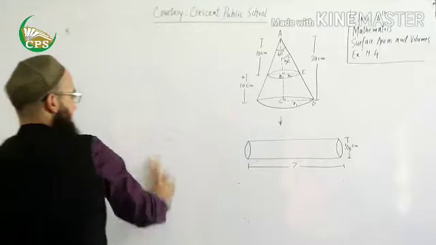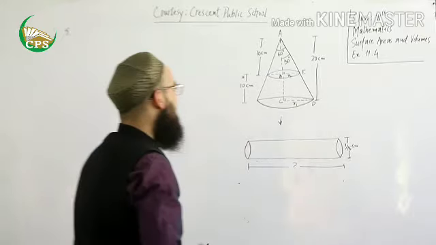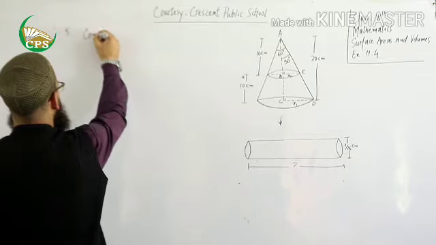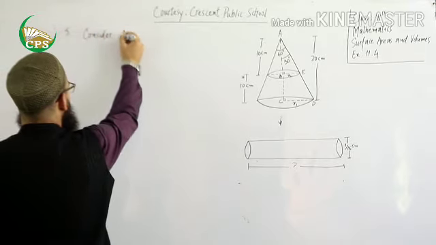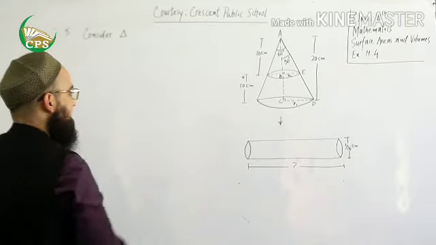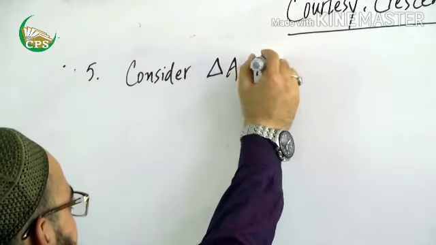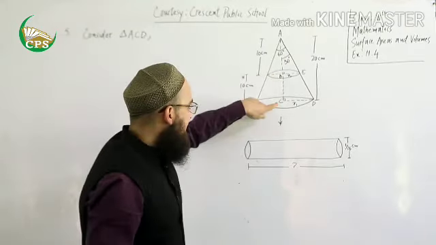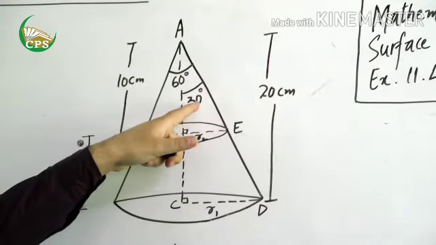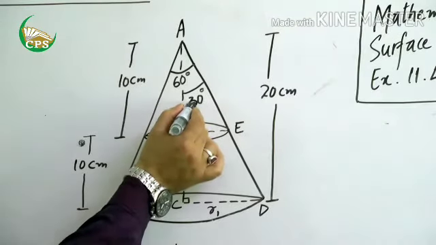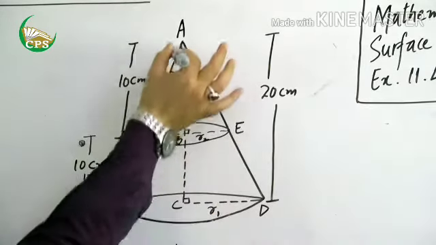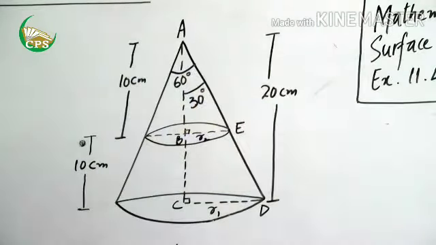Got that one? Now let us use some trigonometry here. Consider triangle ACD. Since it's a right angle triangle, and the angle is 30 degree here, the side opposite to 30 degree is CD, the side adjacent to 30 degree is AC, and the hypotenuse is AD.